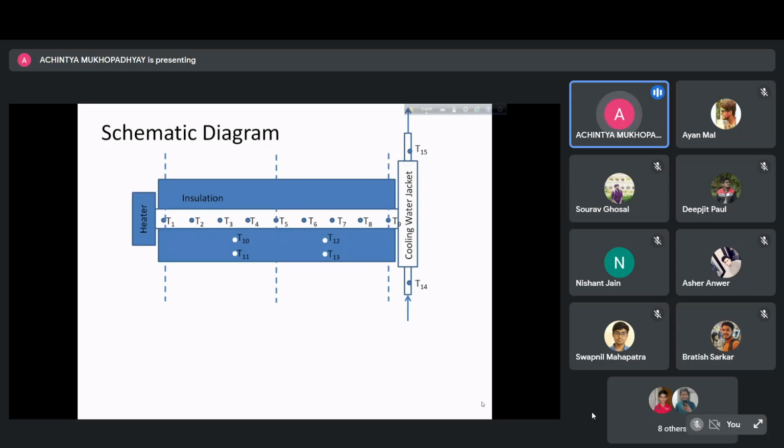So this is the schematic diagram. Here we have a metal rod which is heated at one end by an electric heater and cooled at the other end by a cooling water jacket.